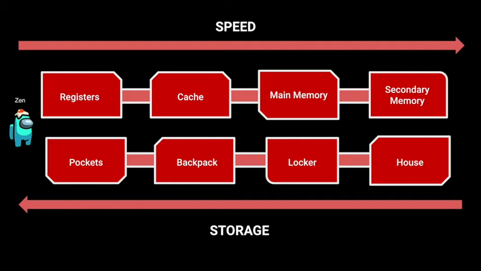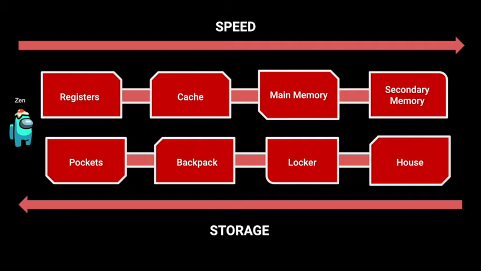And last of which is your secondary memory. Think of secondary memory as your house. You have so much storage, even thought to be unlimited storage because of cloud storage. But to get those files, if you were the CPU, it would take significantly longer.